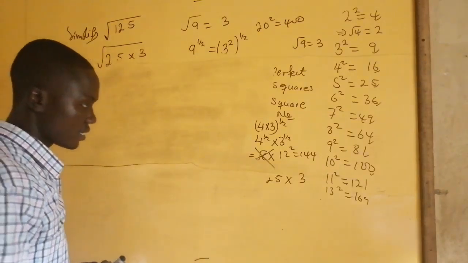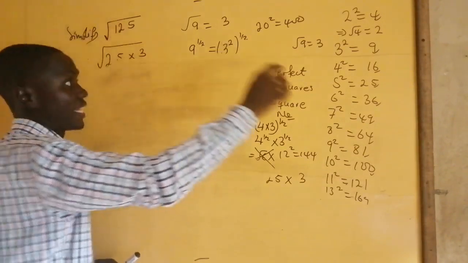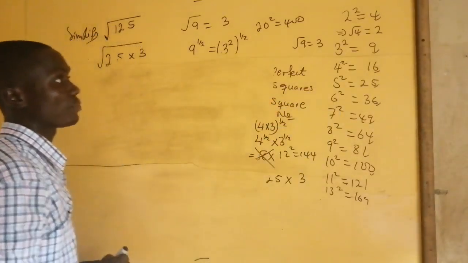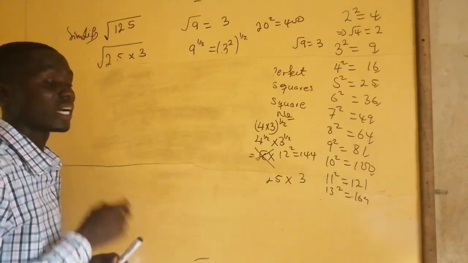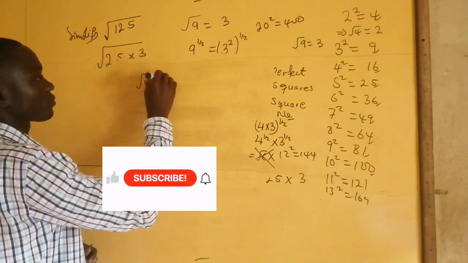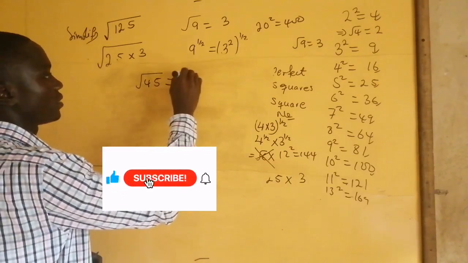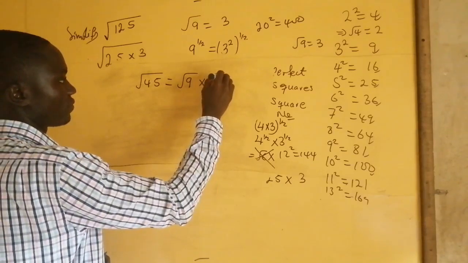Let's see. Let's think of 9 and then multiply 9 by 5. 9 times 5 is 45, right? So if I take square root of 45, I get root 9 times root 5.